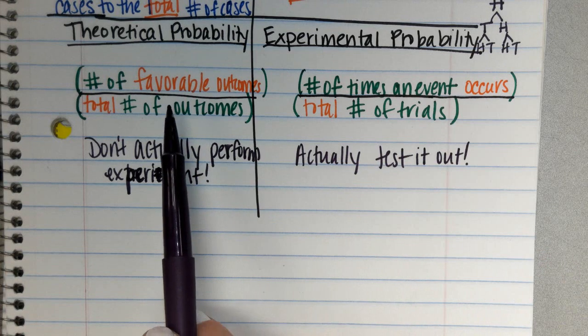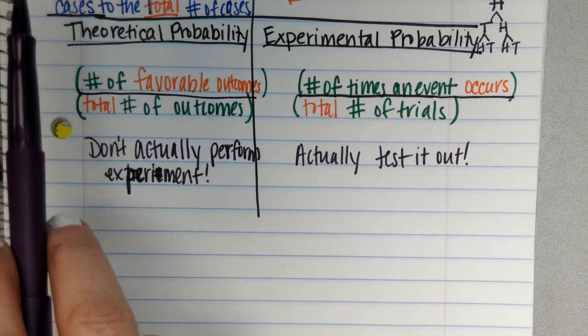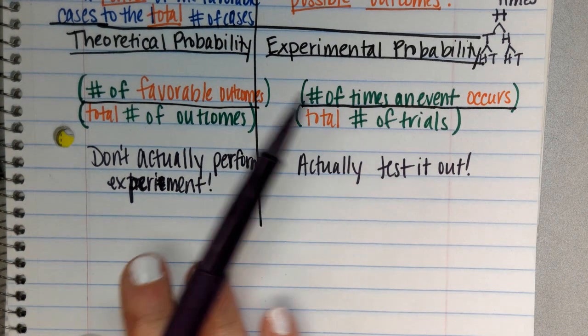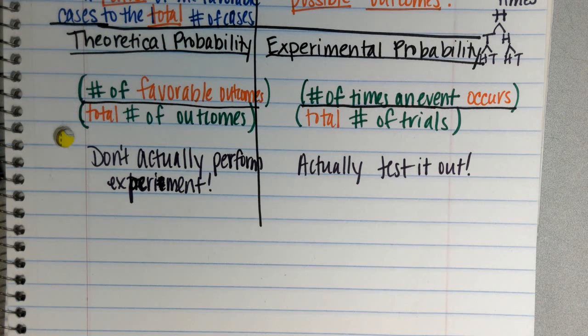So this is where you actually test it out. So theoretically, you have a 1 out of 2 chance of rolling an odd number on a die. Well, experimentally, if we actually did roll the die 6 times, and let's say we landed on odd only twice. That would be 2 out of 6. That's only a 1/3.